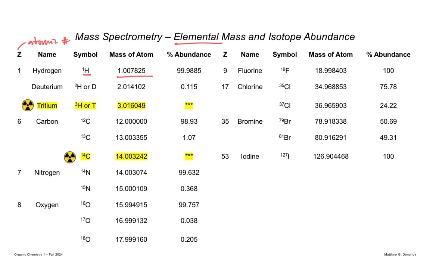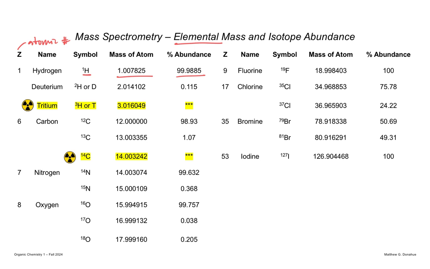Notice there's a lot of digits after the decimal, and that will matter because it helps to give a more precise answer through mass spectrometry. And then the last column is showing you the abundance. If you take all the different isotopes and add all their abundances up, it'll equal 100.